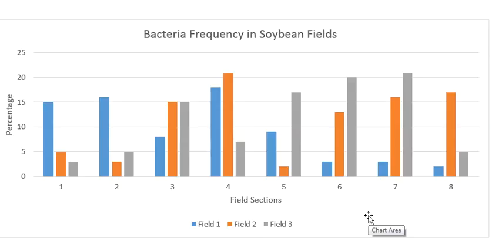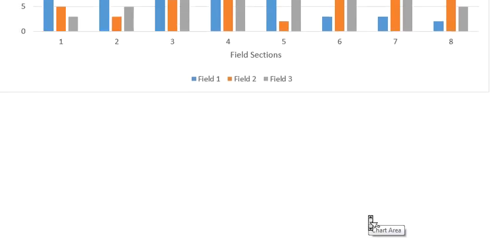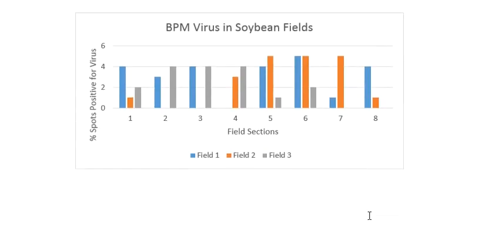But just as frequently, we see field 1 or field 2 having more bacteria in different sections. So there seems to be very little difference between the fields when it comes to bacteria, and so it seems unlikely that bacteria are the cause of the big differences in the yields between these 3 fields. Next up is viruses.